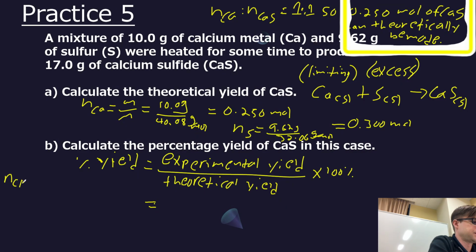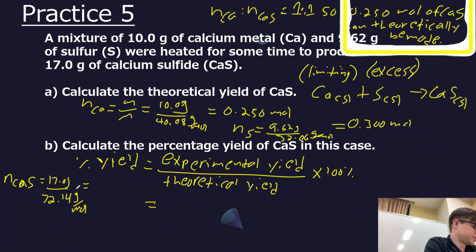Moles of CaS is equal to mass over molar mass, 17.0 grams, divided by molar mass of calcium sulfide, 1 calcium and 1 sulfur, is about 72.14 gram per mole.